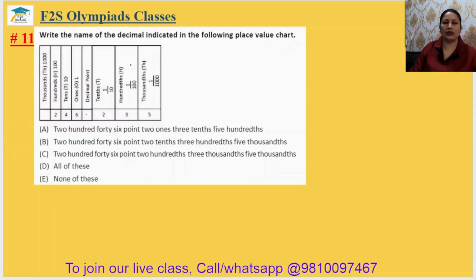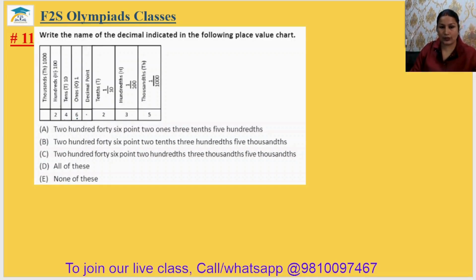Come to question number 11. Write the number of the decimal indicated in the place value chart. Okay, so this is thousands, this is hundreds, this is tens, this is ones. Look at the spelling, and it is 6.